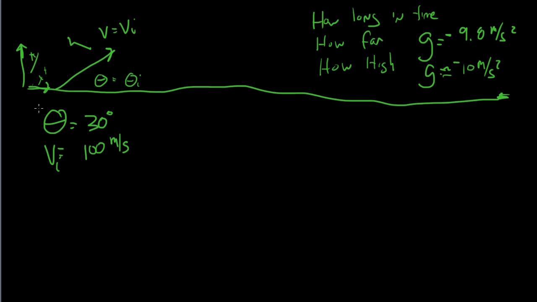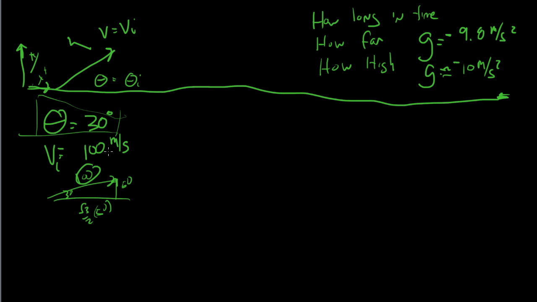For all kinds of different reasons, it's important for students to realize that if you throw something up in a triangle that's 30 degrees, that if this is 100, then this here is 50. And this one is actually the square root of 3 over 2 times 100, if you want to think about it. But by throwing something up at 30 degrees, you're splitting out half of the magnitude into the up direction.